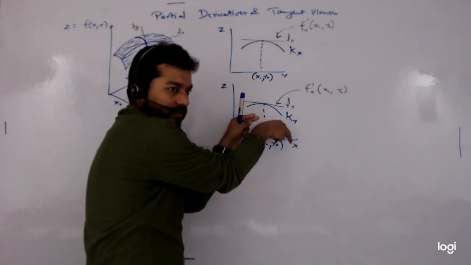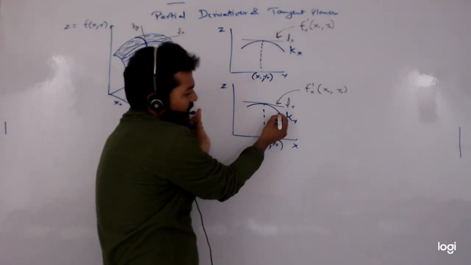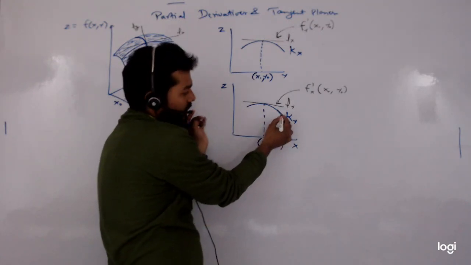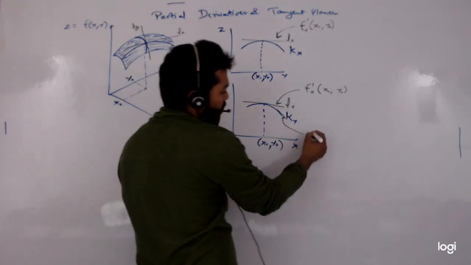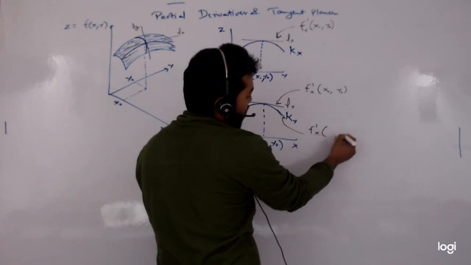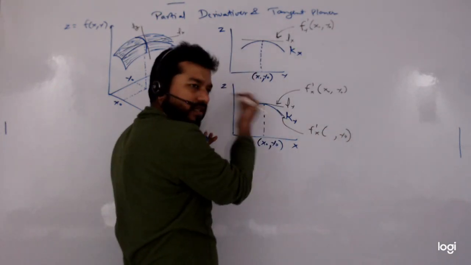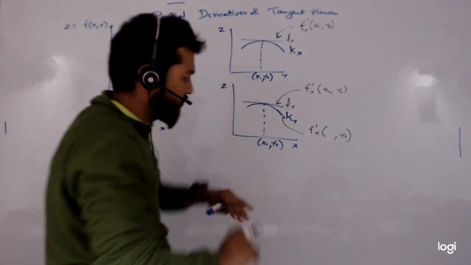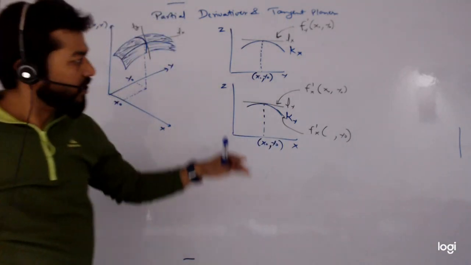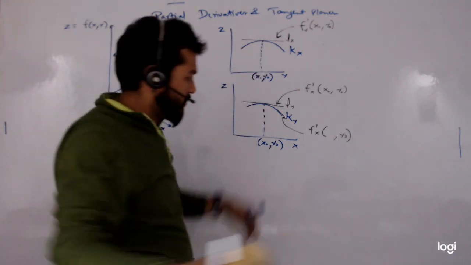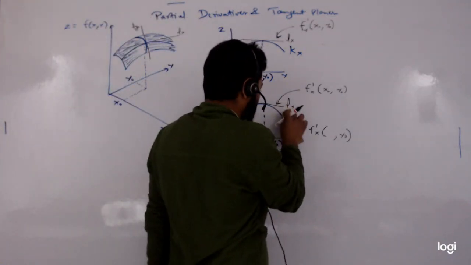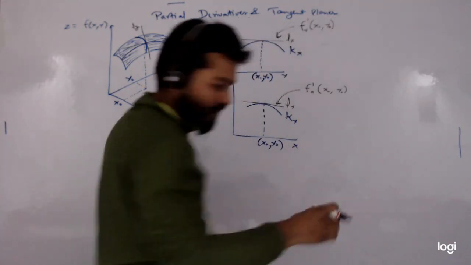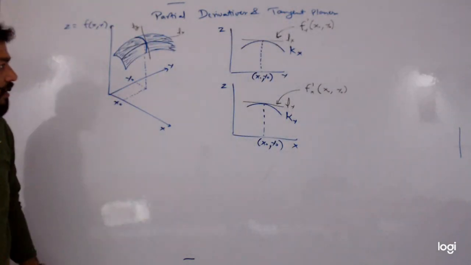Along this curve, if we take here, okay, then this would be f prime of x, y naught is held constant along this, x would have a different value. Okay, so x would have a different value all across, y would have a different value all across. These are partial derivatives.